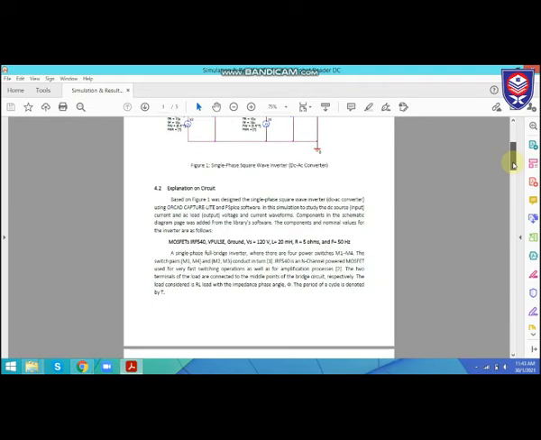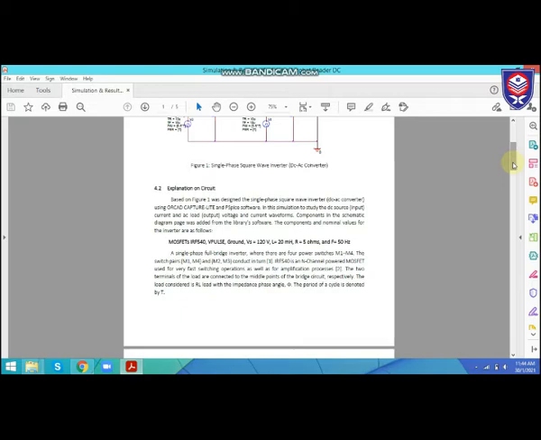Di sini kita menggunakan full bridge inverter yang menggunakan 4 switch M1, M2, M3 dan M4. Switch ini ada pair dia, iaitu M1 pair dengan M4, M2 pair dengan M3.